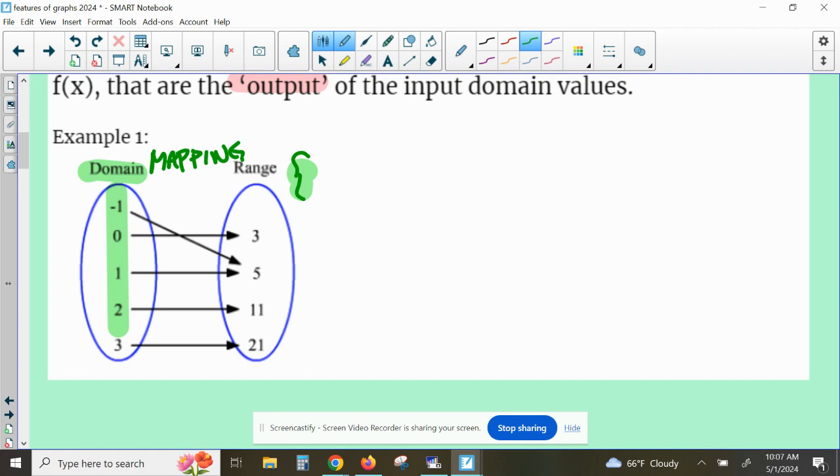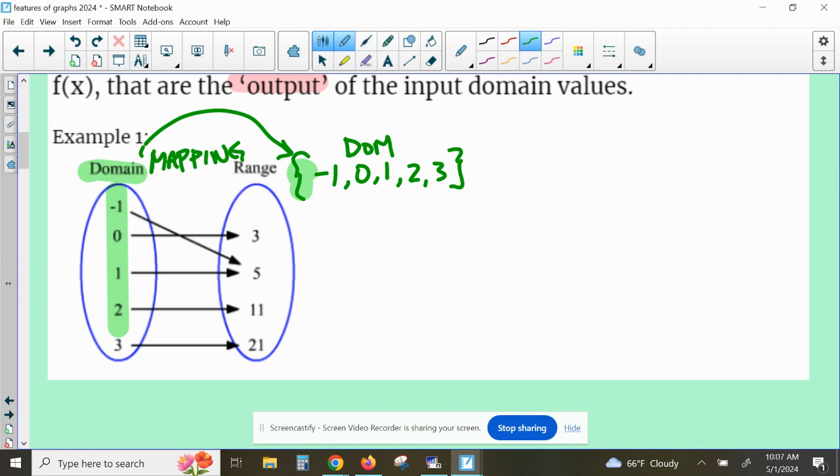So you would say that the domain is -1, 0, 1, 2, 3, and we put them in order from least to greatest, and this is our domain, right? Super easy to pull from a mapping.